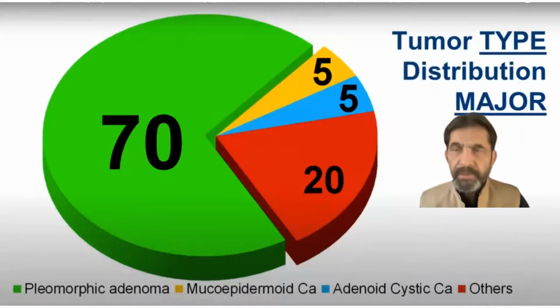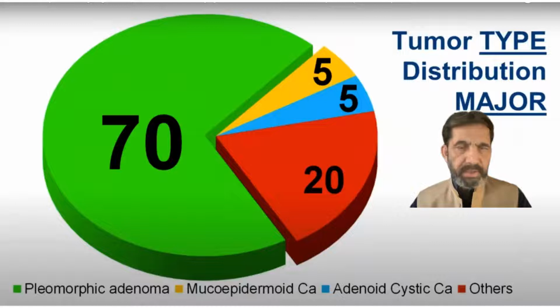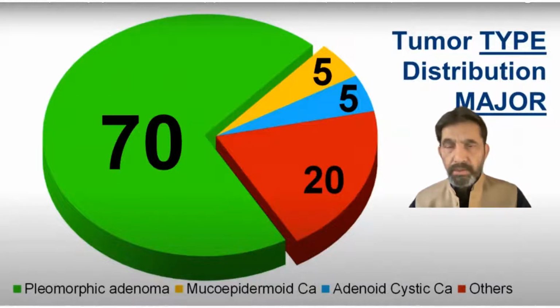What are the different types of tumors that can arise in the salivary gland? Predominantly the pleomorphic adenoma, 70 to 80%. There is the rule of the 80s, which I will discuss later on. Some clinicians believe that 70 to 80% of the tumors are pleomorphic adenoma, and then mucoepidermoid carcinoma, adenoid cystic carcinoma, and others.